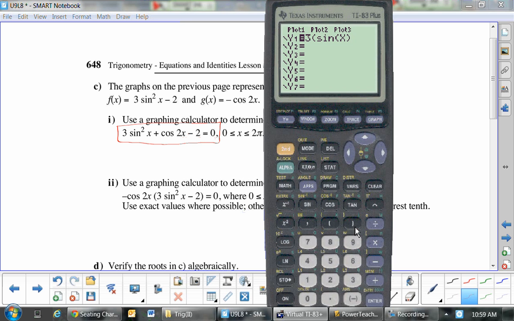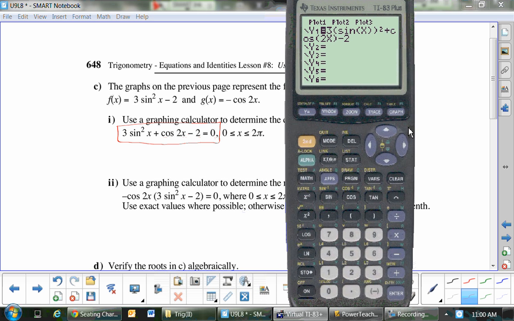You close that bracket, then close the other bracket. That's saying I want to square all of sine x. I don't want to square the 3. It's not squared. Plus cos 2x minus 2.